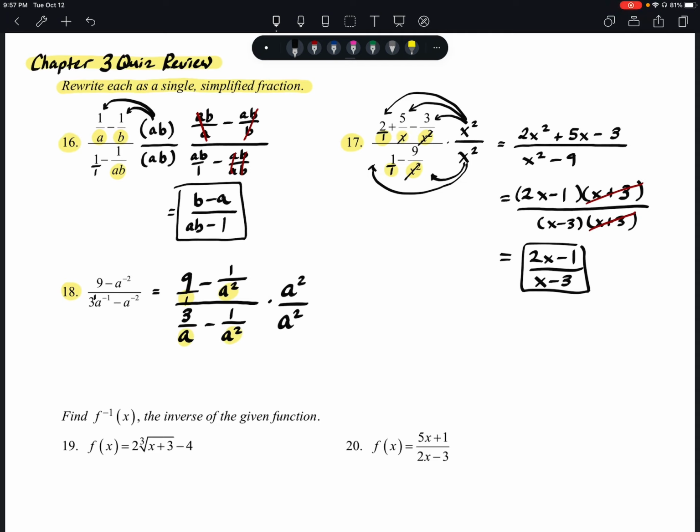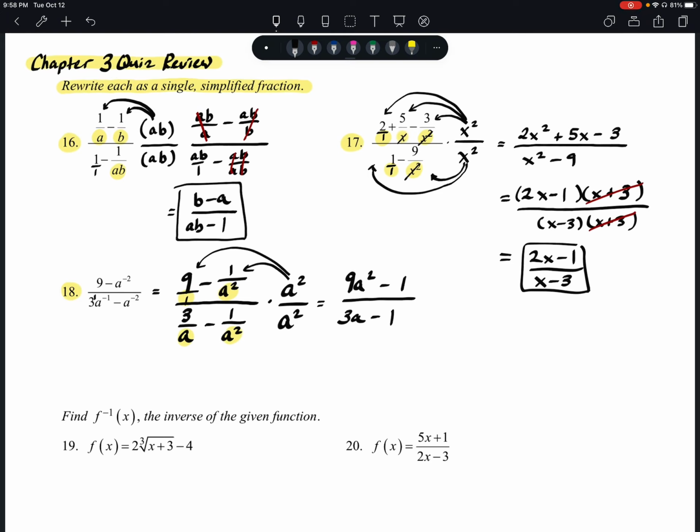So as we distribute our a squared through, we've got 9a squared minus 1 over, we distribute it through here, we'd have 3a squared divided by a would be 3a, and then minus a squared divided by a squared would be minus 1. So, are we finished here?